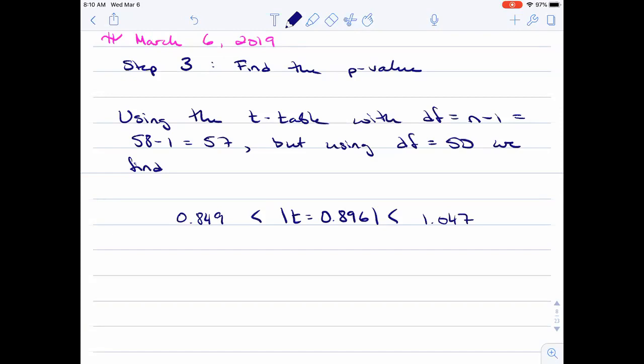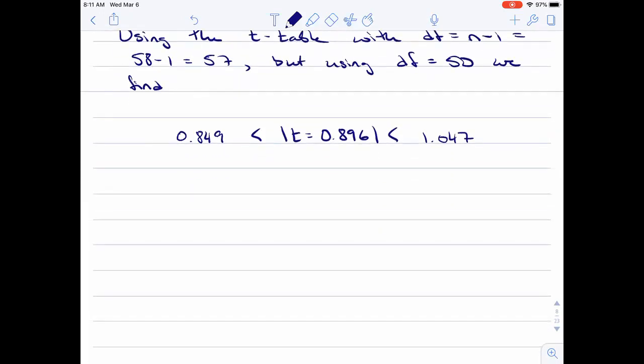Now we use those values. We scroll down to the bottom of the page, where we can choose between the one-sided P or the two-sided P. This is where we go back to our hypothesis and ask whether we had a one-sided or a two-sided test. We had a one-sided test.